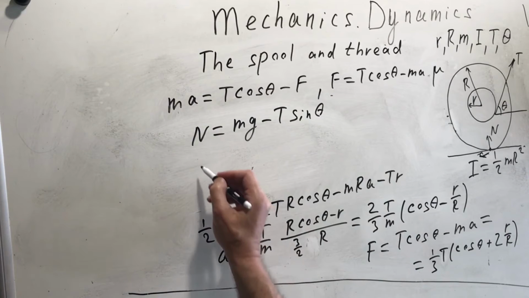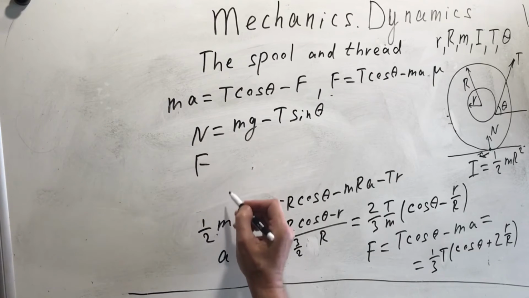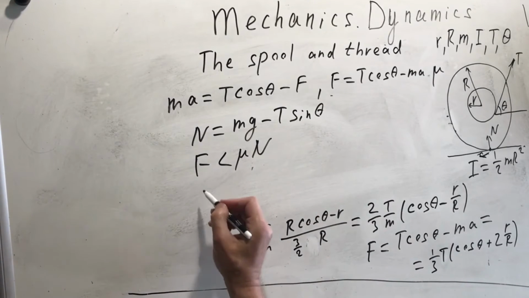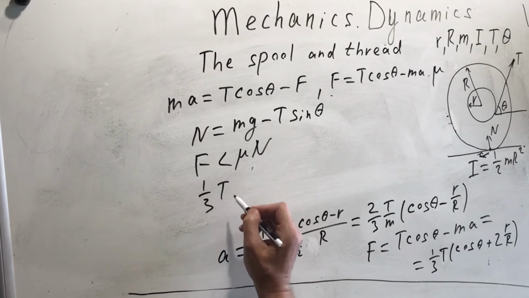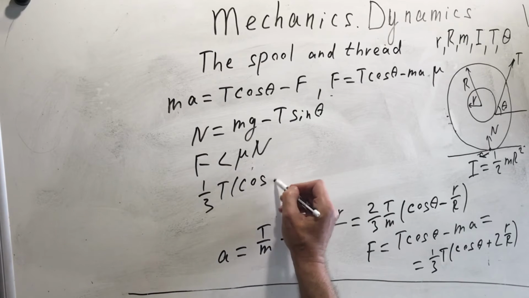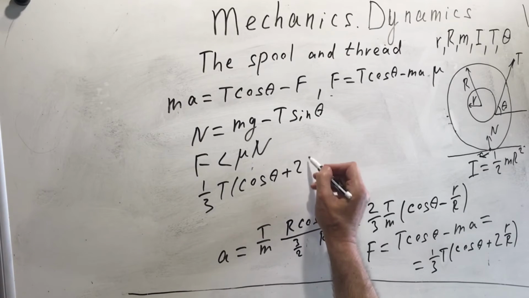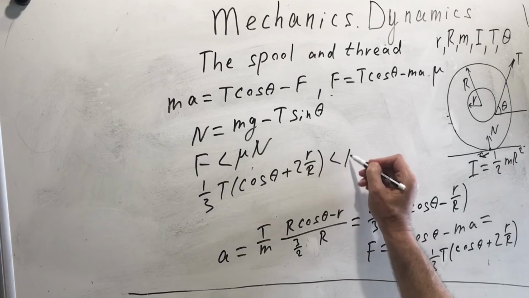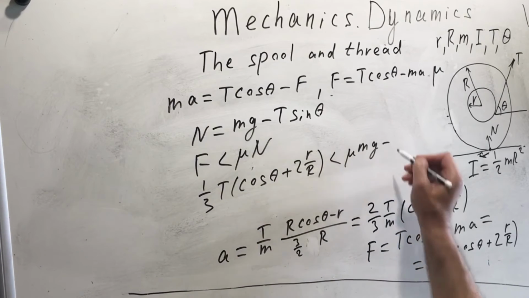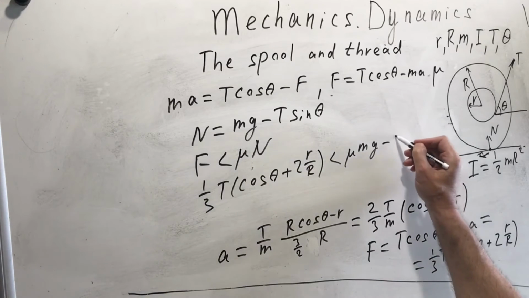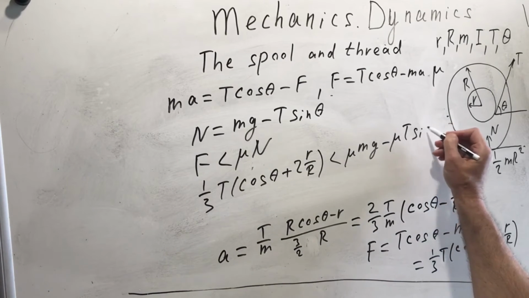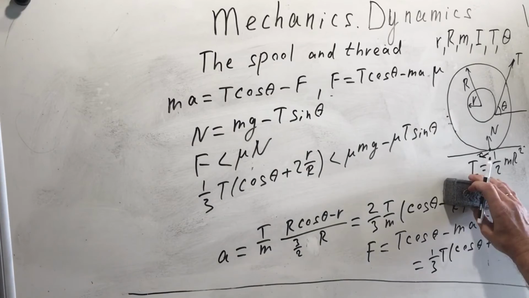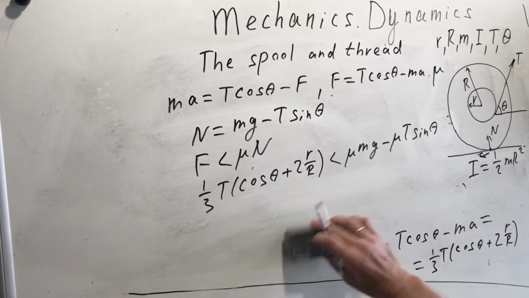And we know that the force of friction cannot exceed mu times normal force. 1/3 T times cosine theta plus 2r over R must be less than mu mg minus mu T sine theta. And finally we have this expression for tension.